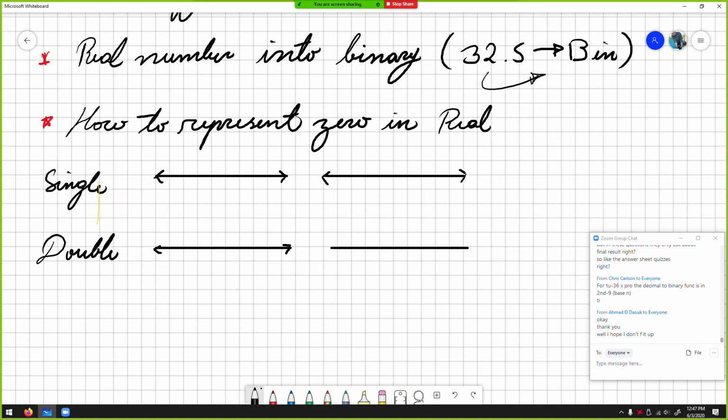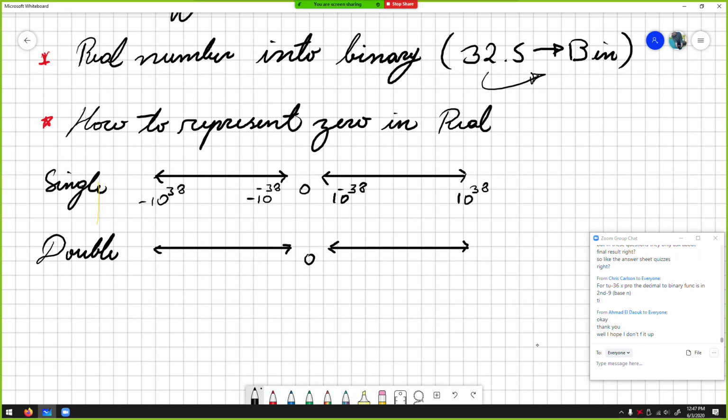So the way we represent values in single precision, assume that 0 is here in the middle. If I want to represent my positive values in single precision, I'm going to have 10 to the negative 38 to 10 to the 38, and that's on the right side of 0. On the left side of 0, I'm going to have negative 10 to the negative 38 and negative 10 to the 38.